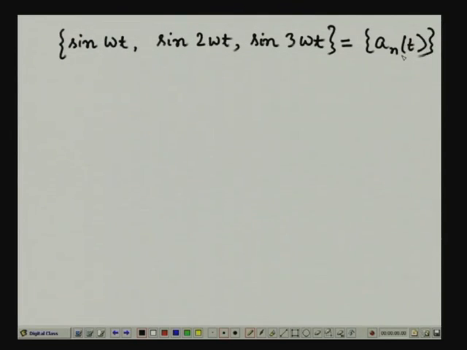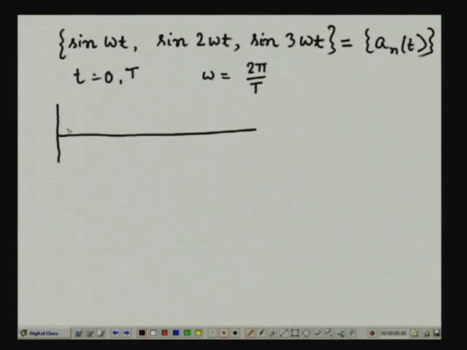Now, if I plot sin omega t over the interval t equal to 0 to capital T, where omega is equal to 2 pi by capital T, so capital T is the period of this sinusoidal wave, you will find that sin omega t in the period 0 to capital T is something like this.